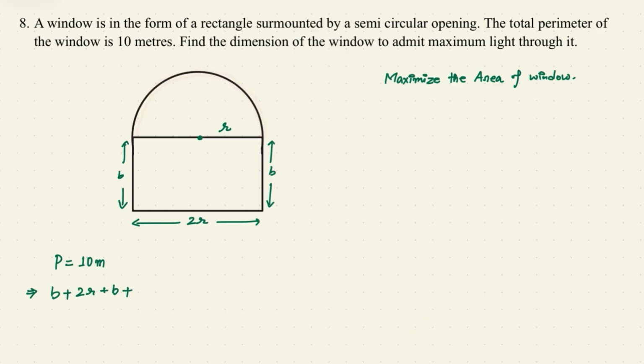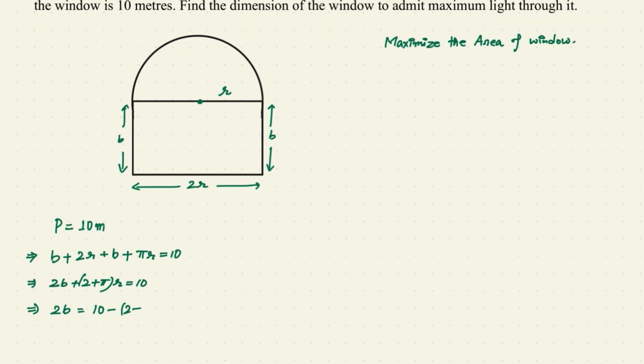Because the perimeter of a full circle is 2 pi r, so the perimeter of the semicircle, that means this much length, is pi into r. So plus pi r equals to 10. So from here we will get 2b plus 2r plus pi r equals to 10, and hence 2b equals to 10 minus (2 plus pi) r, and hence the value of b is 10 minus (2 plus pi) r whole divided by 2.